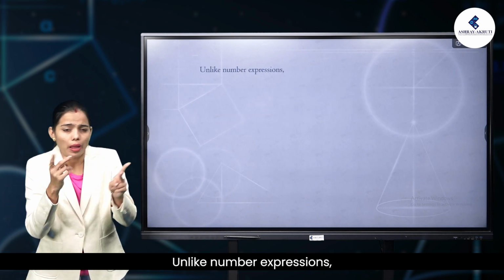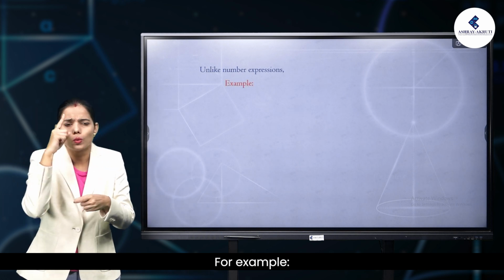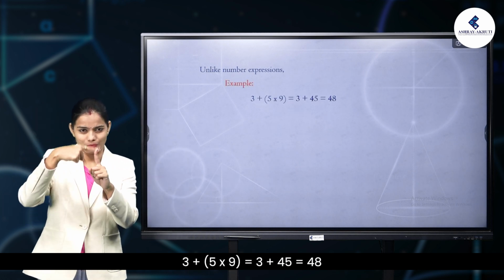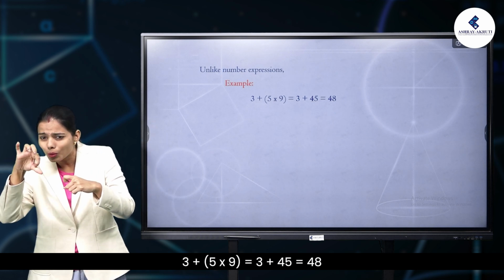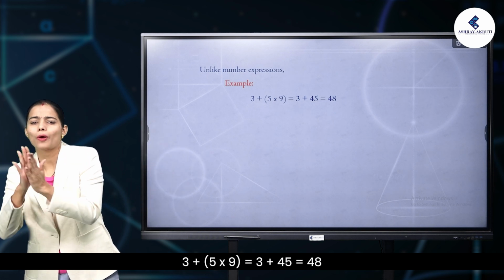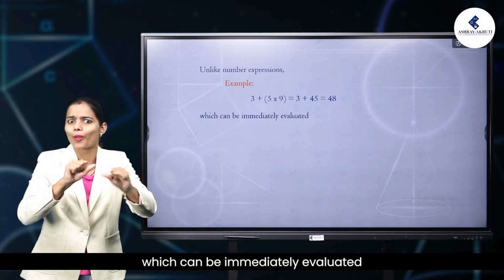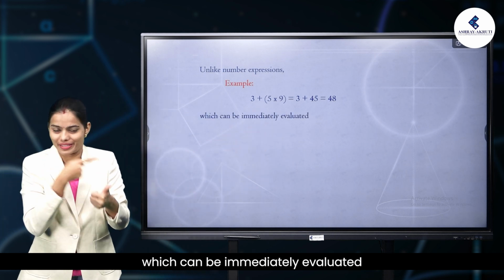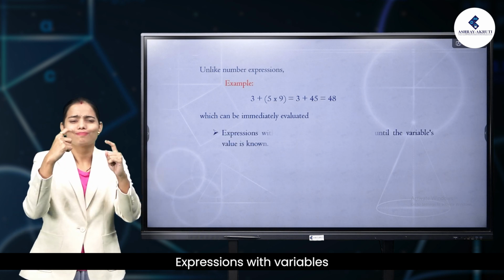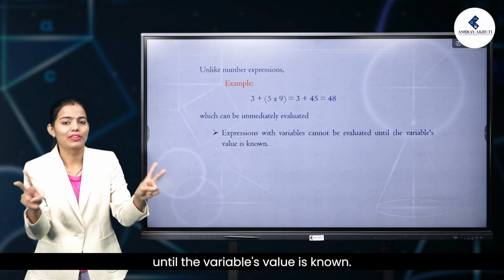Unlike number expressions, for example 3 plus 5 into 9 is equal to 3 plus 45 is equal to 48, which can be immediately evaluated, expressions with variables cannot be evaluated until the variable's value is known.